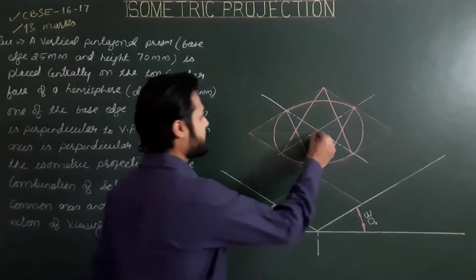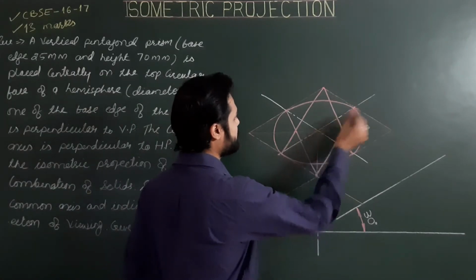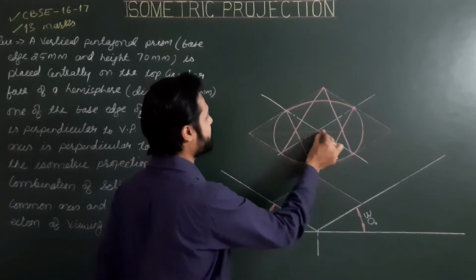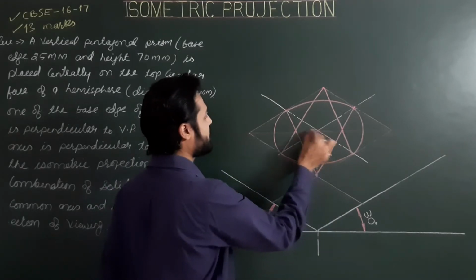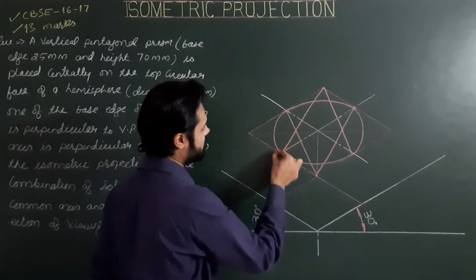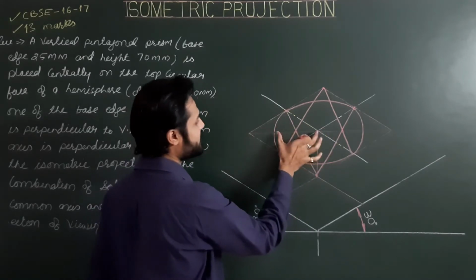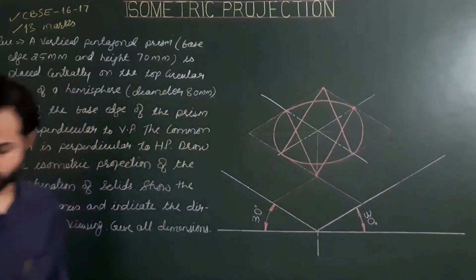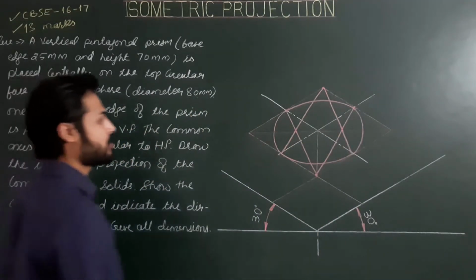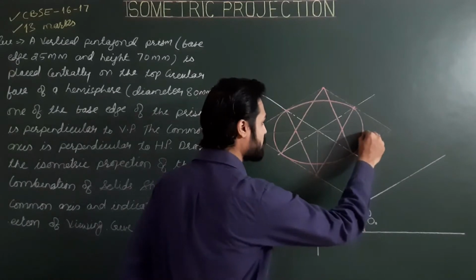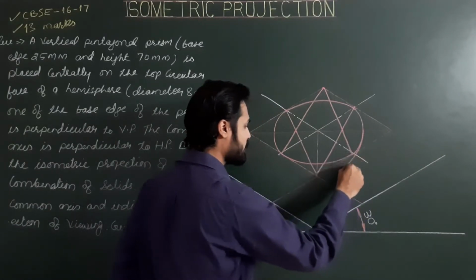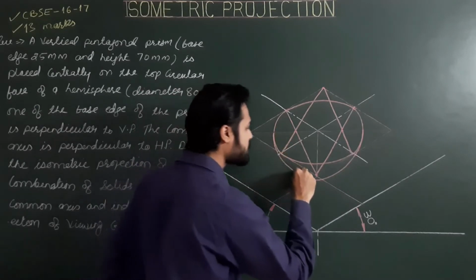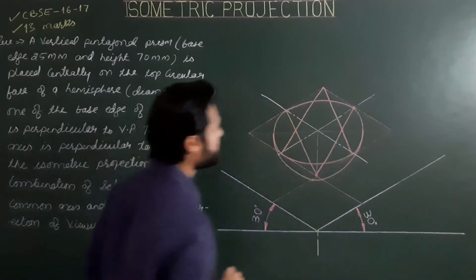Last, from the center of the plane as center and this much as radius, from the center of the plane to the point of intersection of the curved portion and the diagonal, this is the radius. We are required to draw the lower circular portion of the hemisphere.